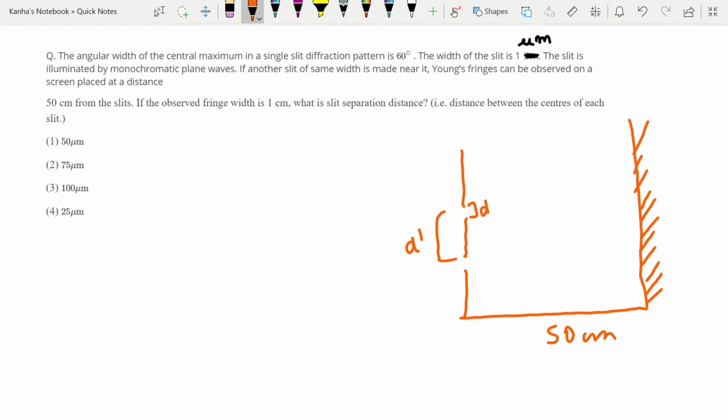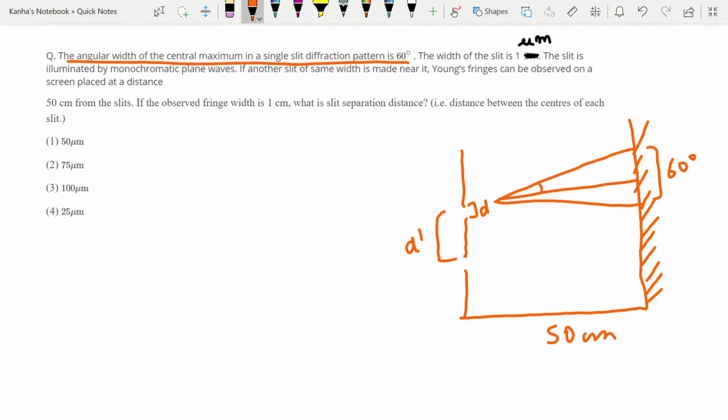So first of all, in diffraction, you should know that the angular width of the central maximum is given to be 60 degrees. So if your central maximum was something like this, if this entire thing is 60 degrees, then this angle is 30 degrees on one of the sides.